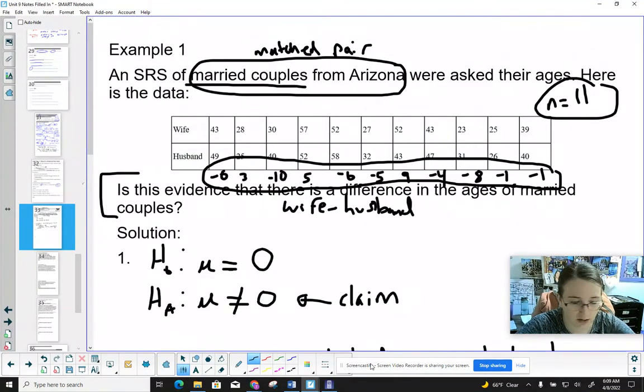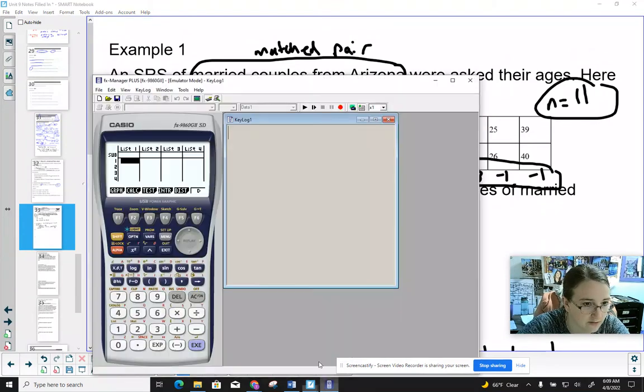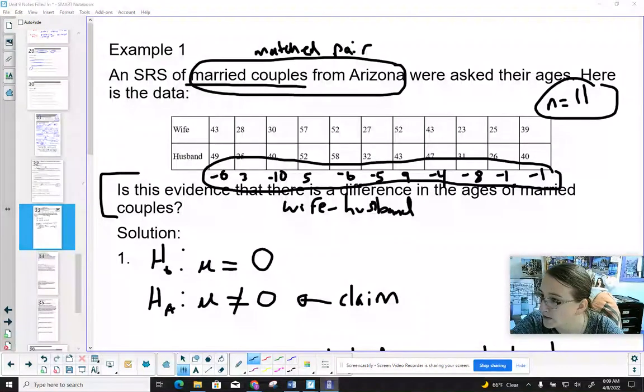Let me go ahead and see this real quickly here. I got -6, 3, -10. I'm going to pull this over here for a second while I enter -6, 3, -10. No, just +10. Ah, dang it, -10. -5, -6.